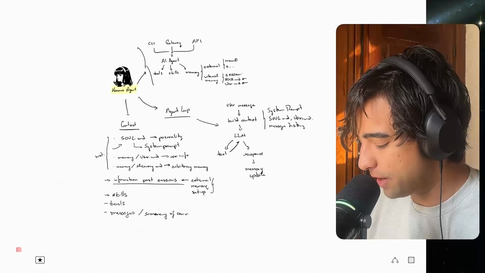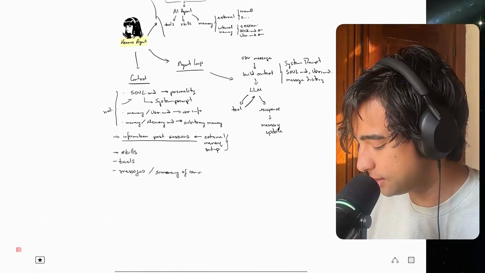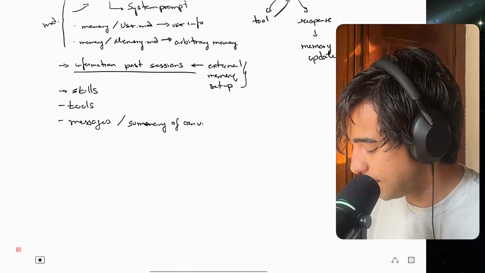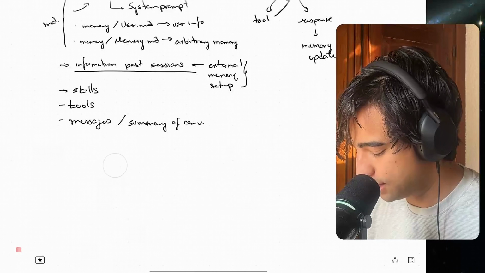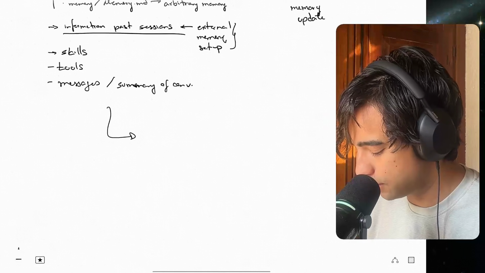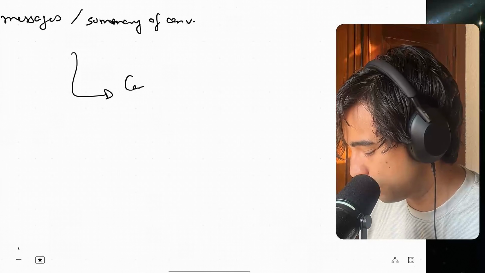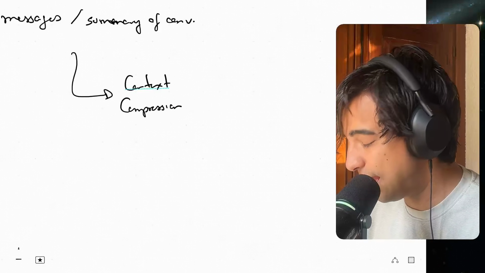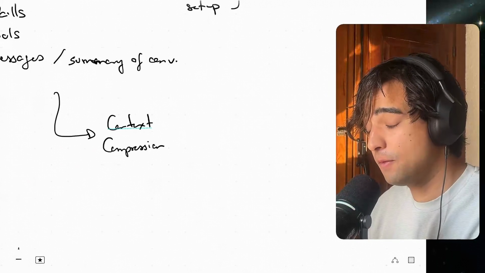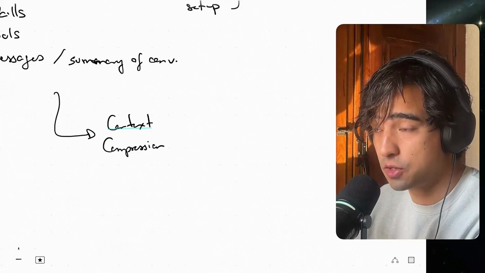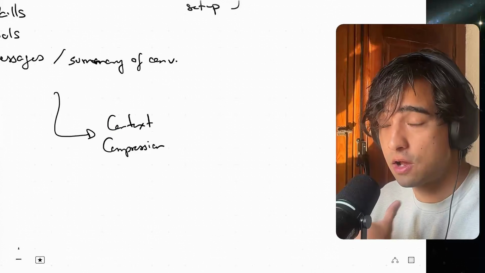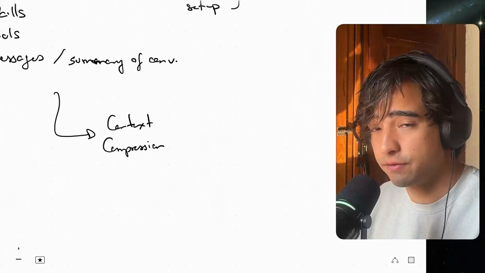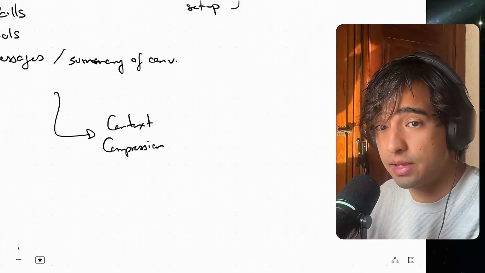All right, now that we're talking about context, I think it's also a good moment to talk about context compression. Let me add a new branch right here and call it context compression. Whenever you're talking to a large language model, there is a certain context window. It can be a certain number of tokens, usually between 250,000 or maybe even 1 million tokens.